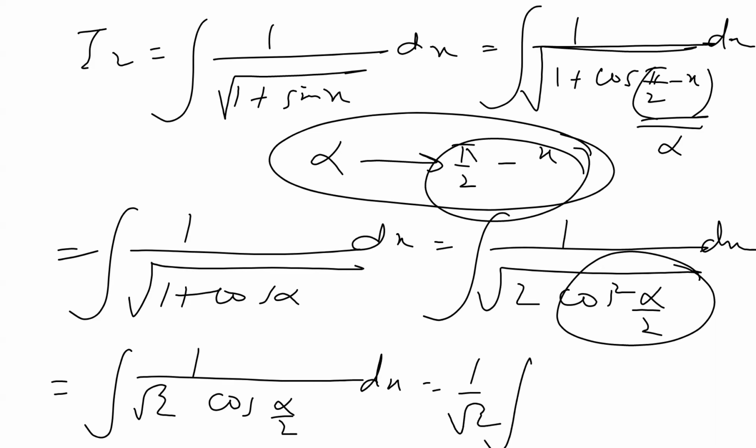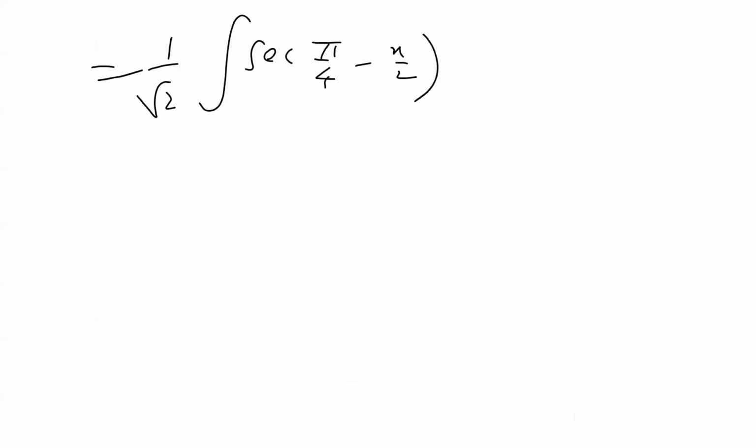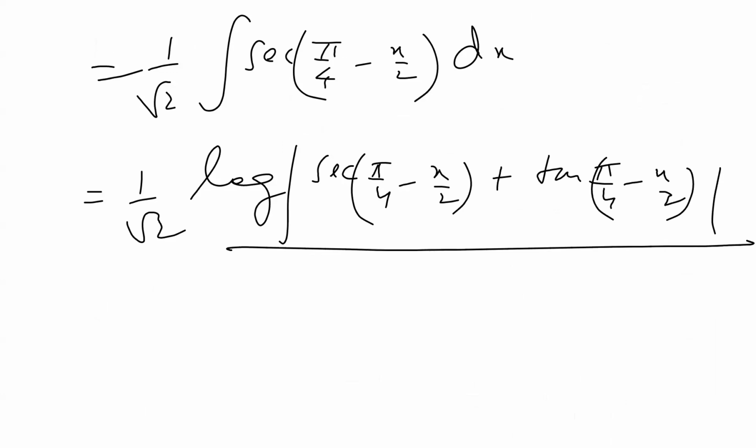So 1 by root 2, 1 upon cos pi by 4 minus x by 2. I'm replacing alpha by 2. And 1 upon cos is sec. Integration of sec is log mod sec x plus tan x upon d by dx of pi by 4 minus x by 2, which is minus half, plus c2.